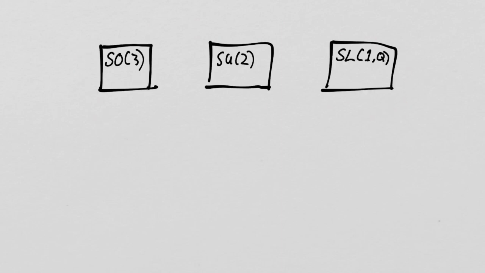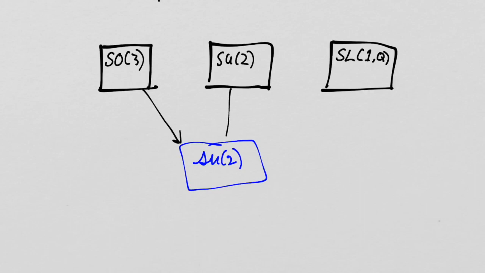But we have these three groups, the point being that they all shared the same Lie algebra. I guess I could call it the Lie algebra SU2. They all had the same Lie algebra, which means each of these groups, when linearized, gave us the same Lie algebra.